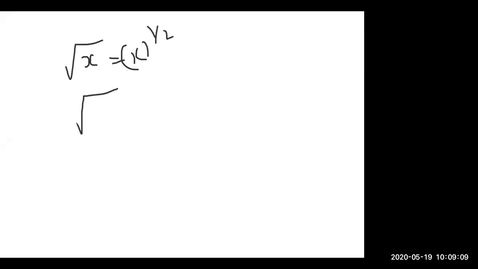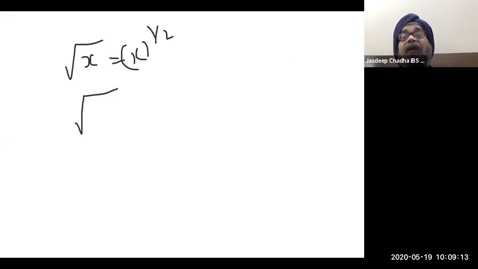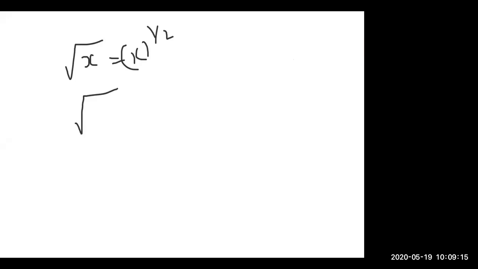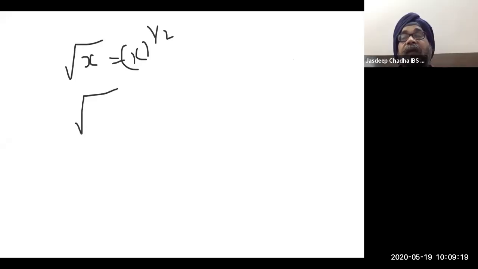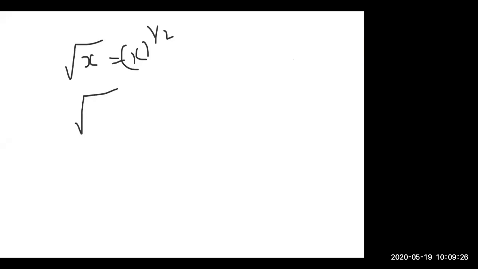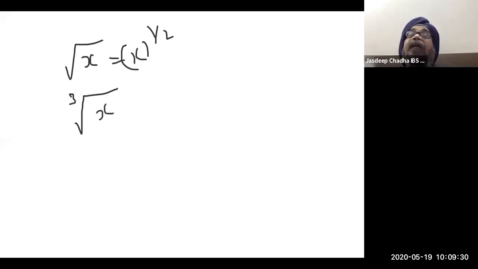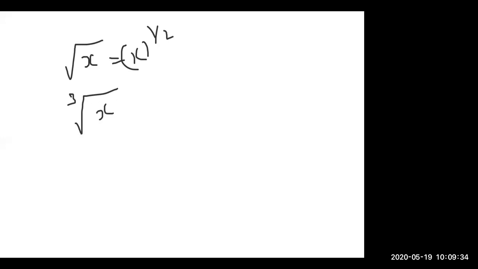Under root x means x to the power half, mathematically, in the language of exponents. The under root of any number is the number raised to the power half, 1 by 2. If I write it like this, and a 3 is written here, then what does this mean? Cube root.